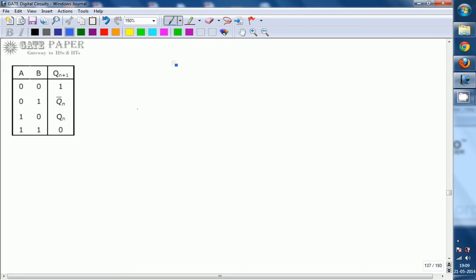Okay, so this is the present state. The state table is nothing but a table consisting of the present state, which is Q2, Q1 and Q0, and the next state, which is again Q2 plus, Q1 plus, Q0 plus.